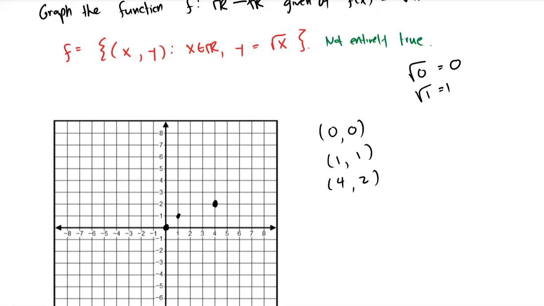Now, how am I getting these values for y? How do you take the square root of a number? Well, basically, the square root function, so the square root of a number, actually, let me use a different variable.